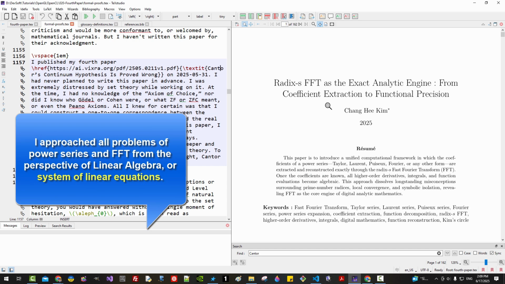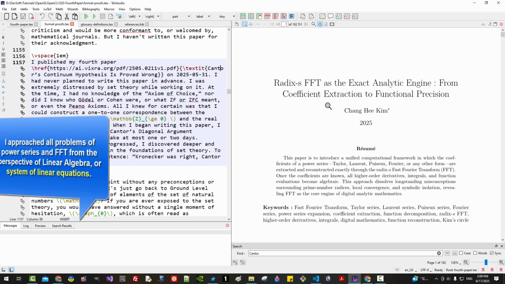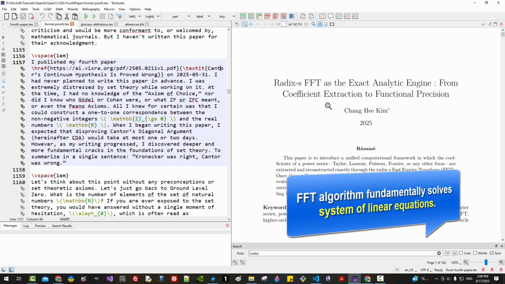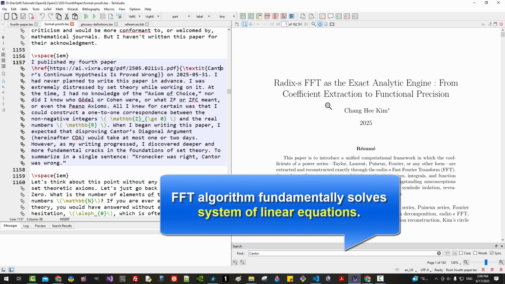I explain everything using linear algebra, or solving systems of linear equations. We solve all the coefficients using the FFT algorithm. The FFT algorithm fundamentally solves systems of linear equations. Because FFT can solve systems of linear equations, we can extract all coefficients of any power series.